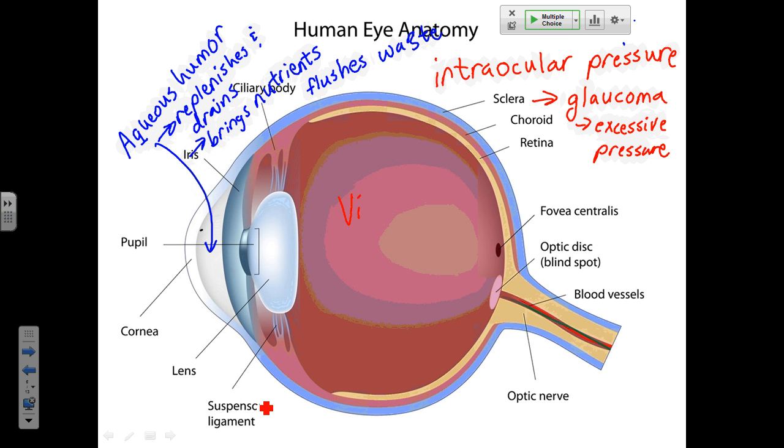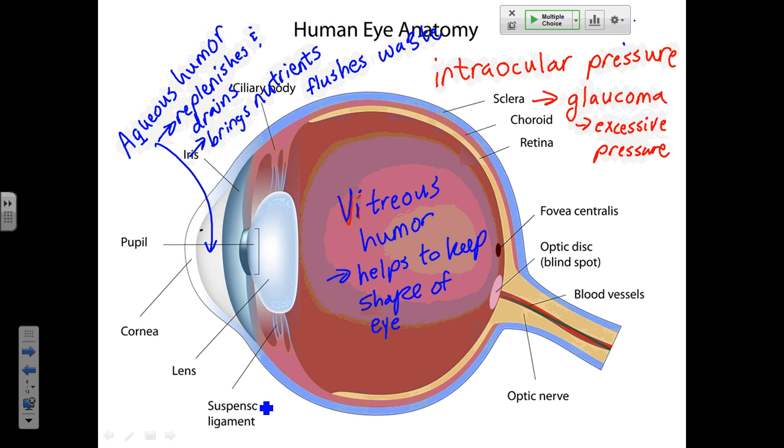That's inside here. It helps to keep the shape of the eyeball. And it's not replaced. So this is as old as you are, 38 or whatever it is that you are. So it just helps to keep that spherical shape of your eyeball, and it's not replaced.